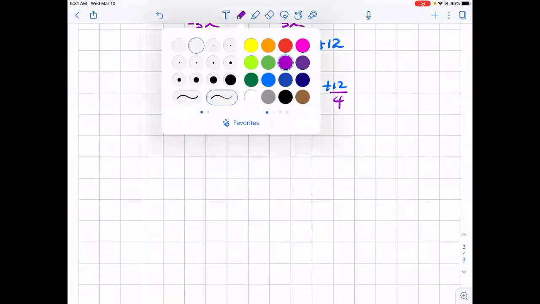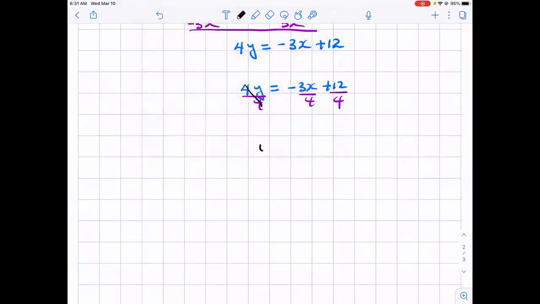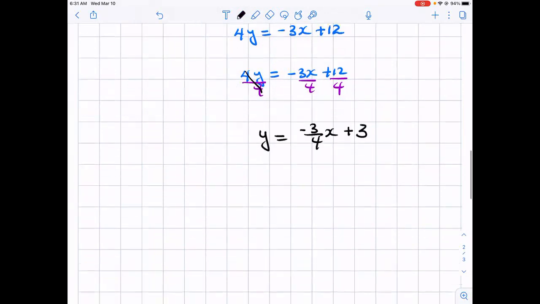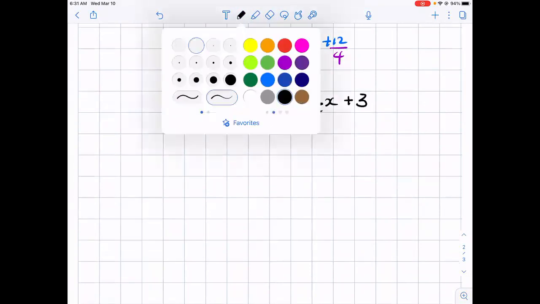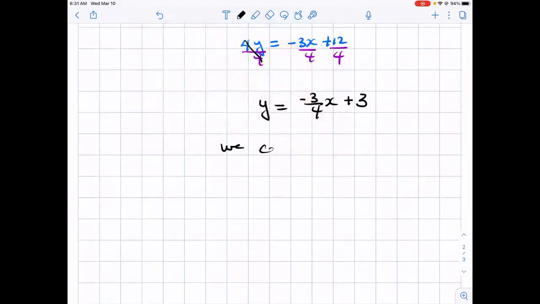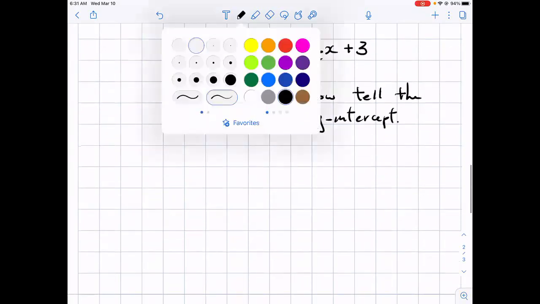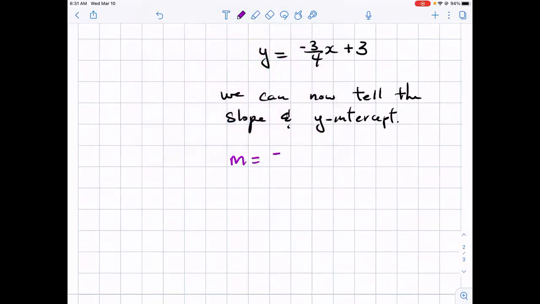If I do that, I will have y equals minus 3 over 4 x plus 3. Now we can tell the slope and y-intercept. The slope m is equal to negative 3 over 4, and the y-intercept is (0, 3).